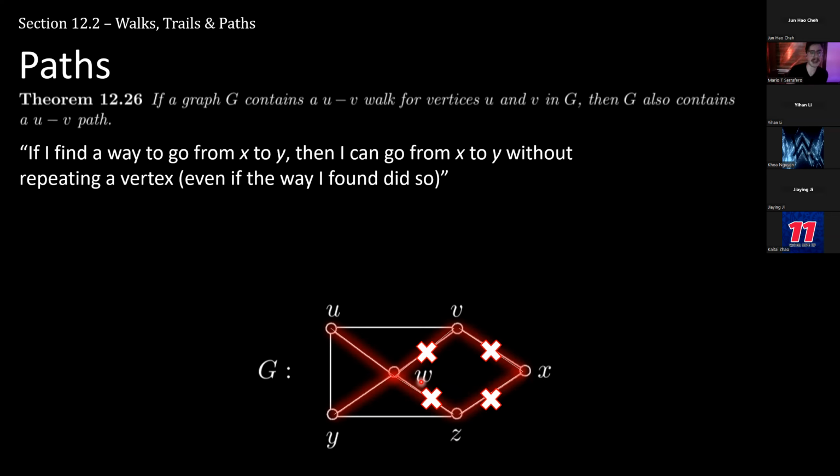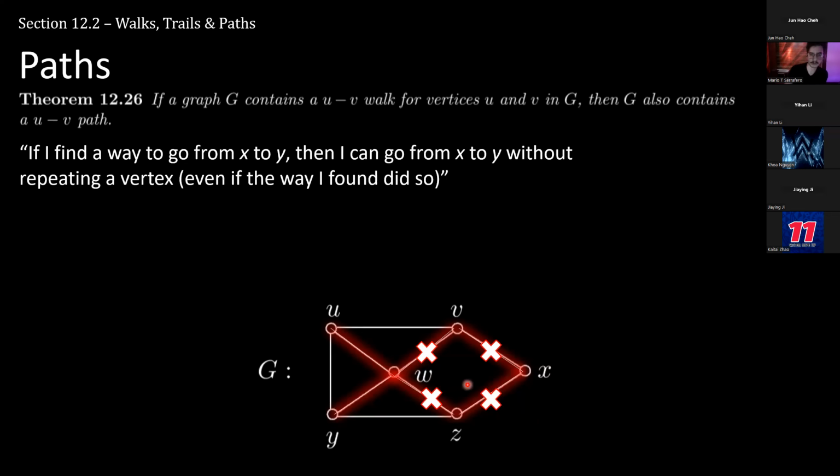If you are not a path, then it means that you go to the same node twice. And if you go to the same node twice, it means that you have a cycle that starts at that node and then ends at that node. In this case, the cycle is the fish, the head of the fish. So if we have the cycle, we know that we started at the node and we ended at the node. We might as well just not do the cycle.